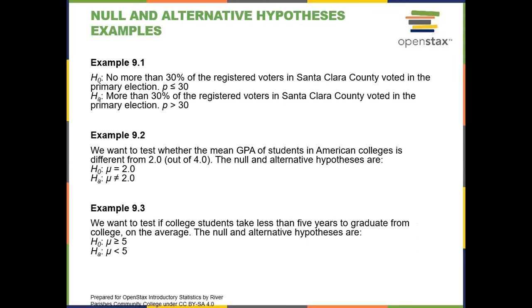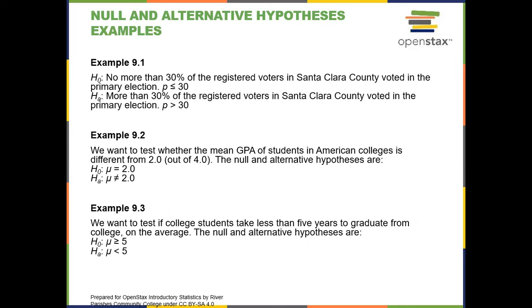H sub 0: no more than 30% of the registered voters in Santa County voted in the primary election. No more than means H sub 0: p less than or equal to, and I would not write 30, I will write 0.3, because 0.3 in decimal is 30%. Then the alternate will be H sub A: p greater than 0.3.